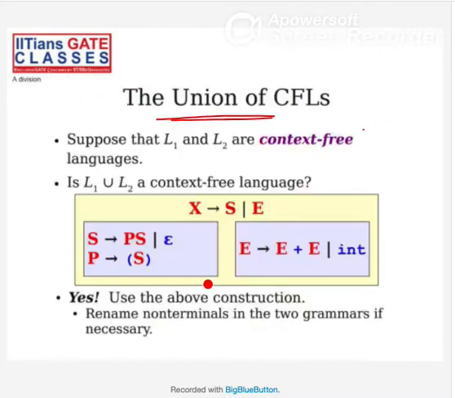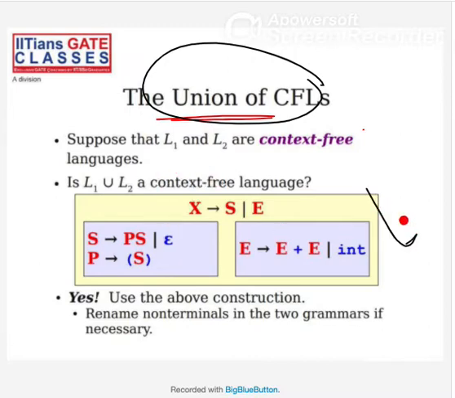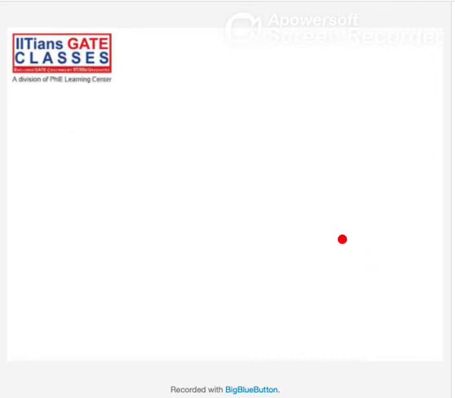So this is the proof that the set of CFLs is closed under union operation. We have seen the proof using PDA and using CFG. The important result is that if you have two CFLs, then their union will definitely be a CFL.